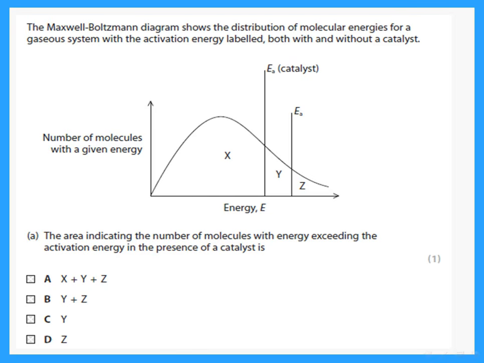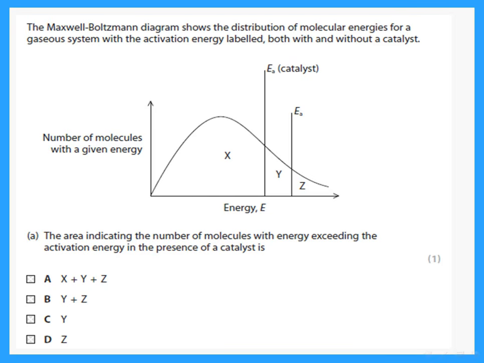Again, this question says the Maxwell-Boltzmann diagram shows the distribution of molecular energies for the gaseous system with the activation energy labeled with and without a catalyst, the area indicating the number of molecules with energy exceeding the activation energy in the presence of a catalyst.